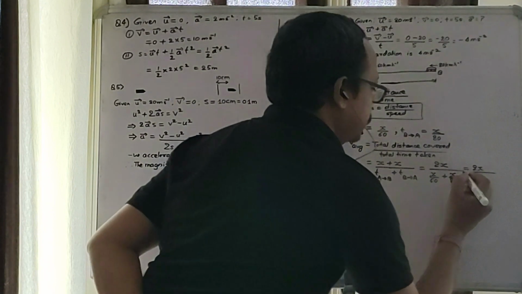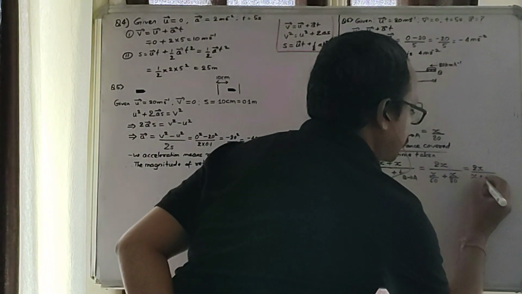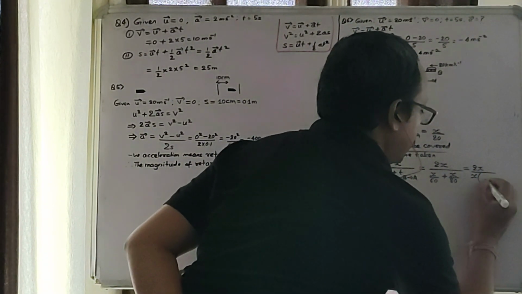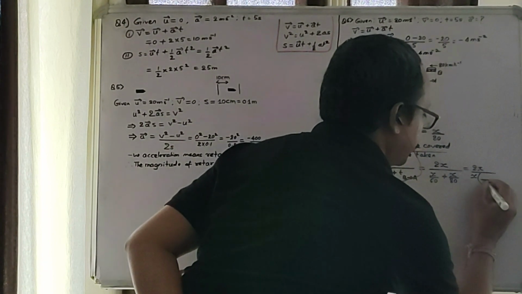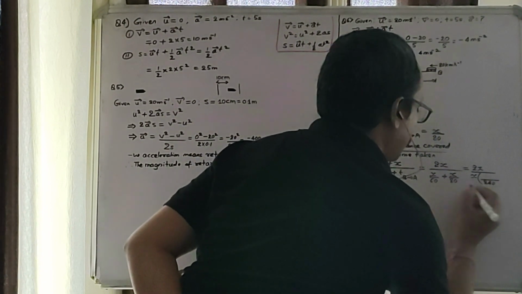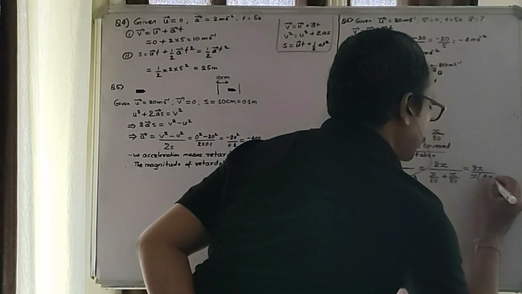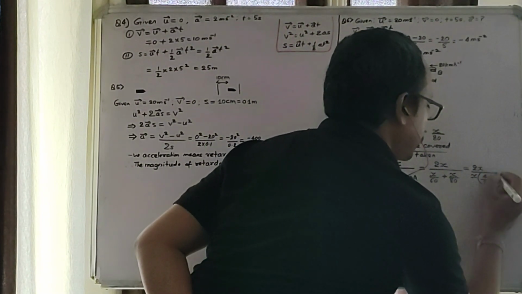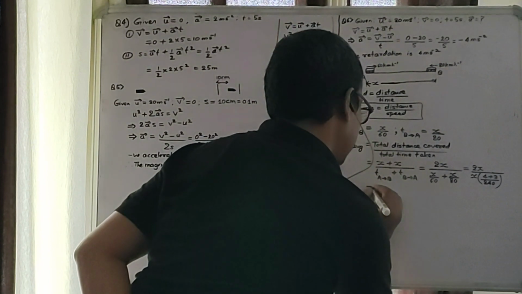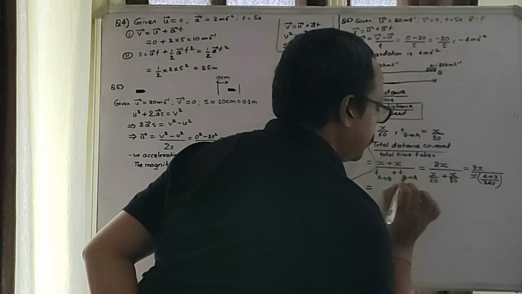let's take x common, so it will be 240, it will be 4 plus 3. This time x cancels.